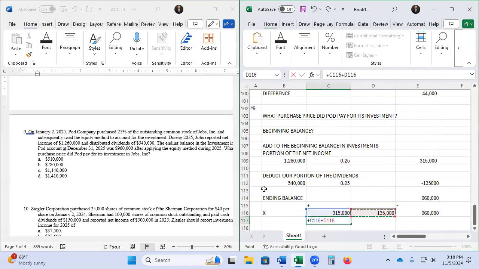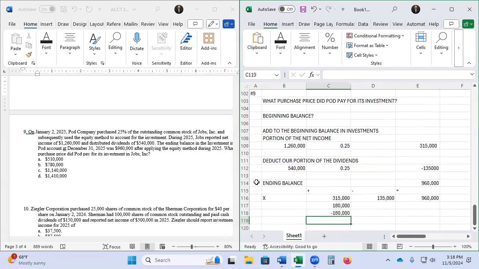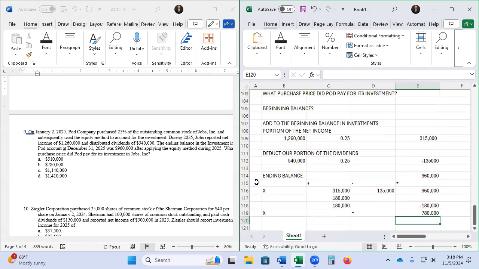So we combine our like terms and we get 180,000. So we're going to subtract 180,000 from both sides. And we get X equals 780,000. Letter B.